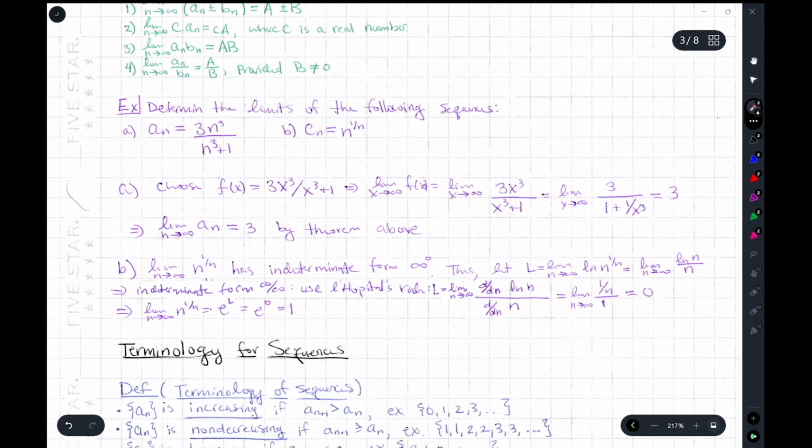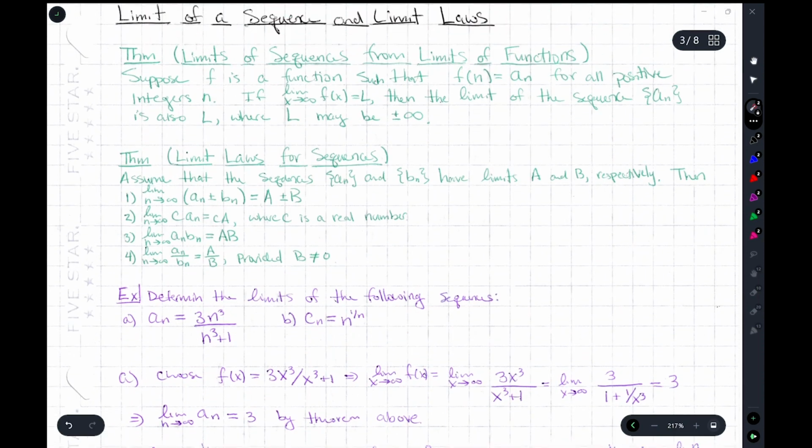And so, excellent, we found our function which matches our sequence at the integers. So let's take the limit of that function. Taking the limit of this function, again we go back to the Calc 1 concept: you just divide the numerator and denominator by x cubed, and you get this over here. And when you take x to infinity, this goes to 0, and you just get 3. So what does that tell us about the sequence? That its limit is 3 by the theorem above, okay?